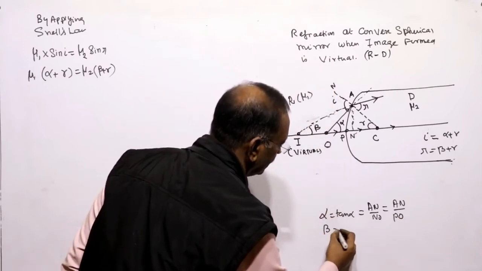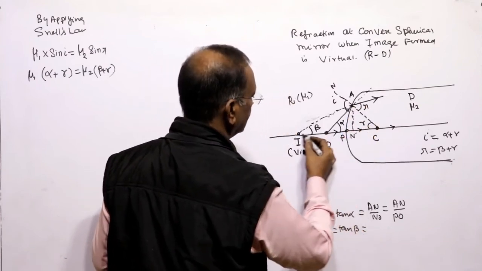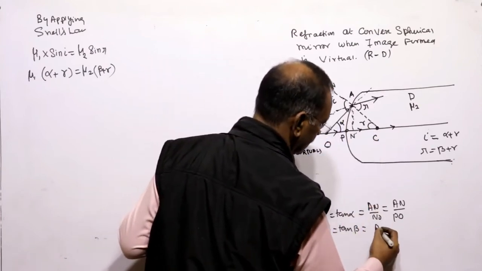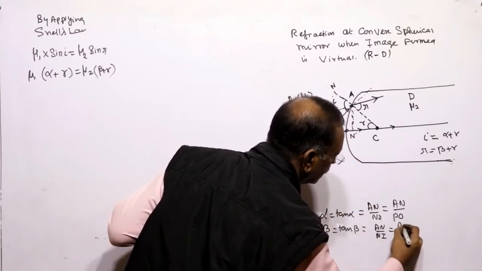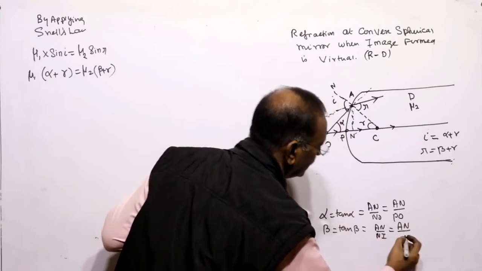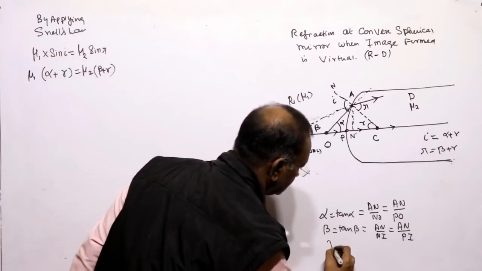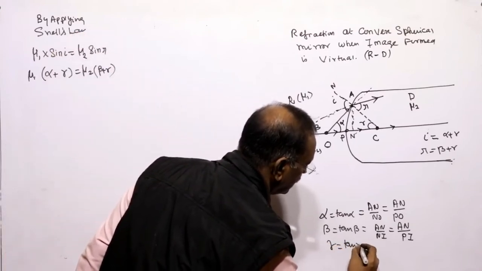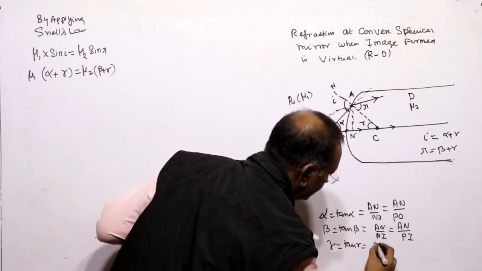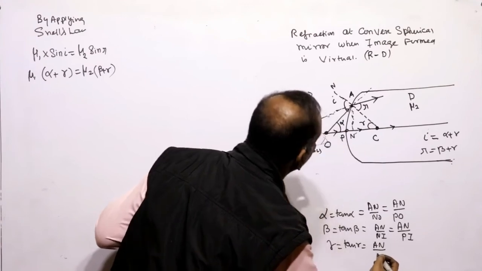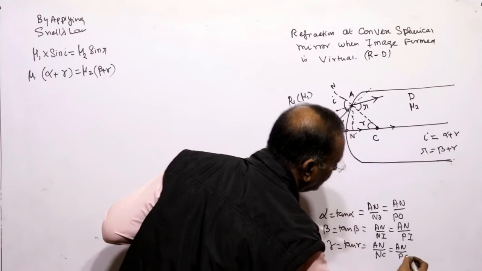And beta is equal to tan beta. Tan beta means this triangle, AN by NI, which is AN by PI, since N can be replaced by P. And gamma is equal to tan gamma, this triangle, AN by NC, which we can write as AN by PC.